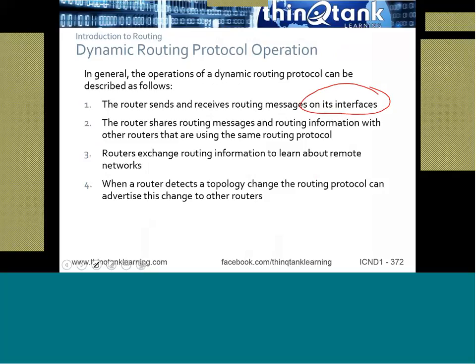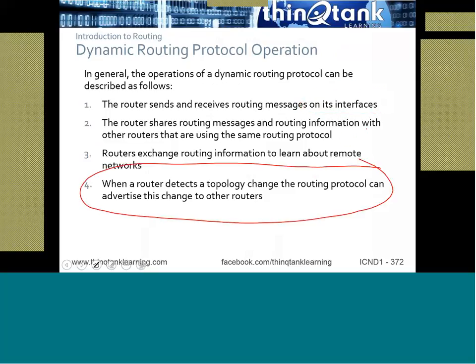Or it can be routing updates, or it can be when metrics change, whatever. We share this information to all the other routers that are talking the same language. This is how we learn about remote networks. This is how we learn about how to reach remote networks and so on. If the topology changes, we can recover automatically.